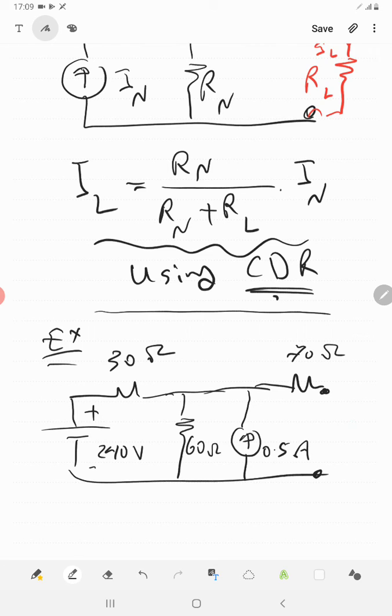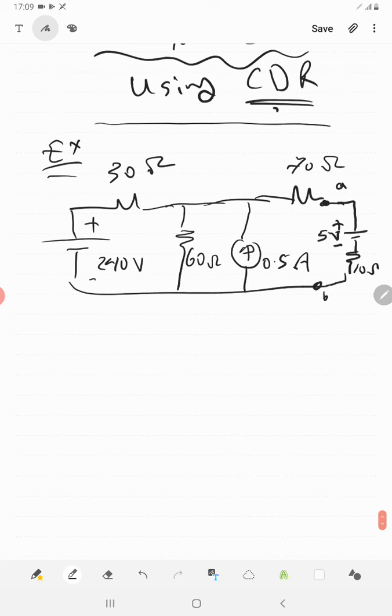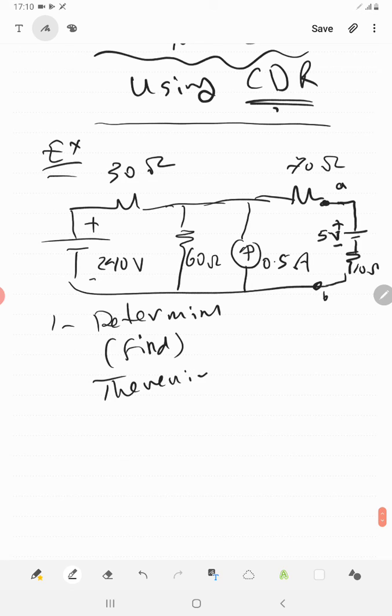Let's assume that we have a voltage source here and a resistance here of, let's say, 10 ohms, plus minus, let's say, 5 volts. Okay, A, B. Let's say 1, determine or find Thevenin's equivalent circuit.